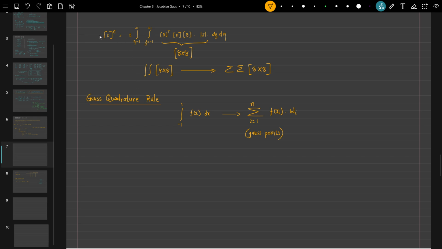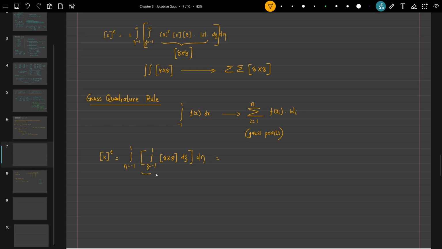Now let's apply this to our stiffness matrix. So the element stiffness matrix K is, let's take eta equal to -1 to 1 here, and we will consider first this term. So this is zeta equal to -1 to 1, the 8 by 8 matrix terms, d zeta and d eta.